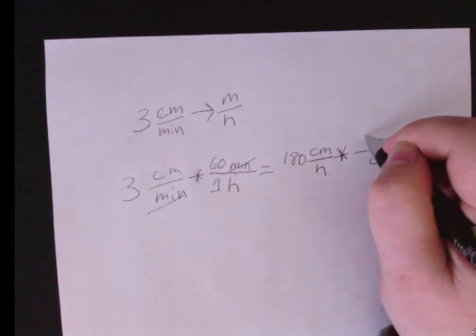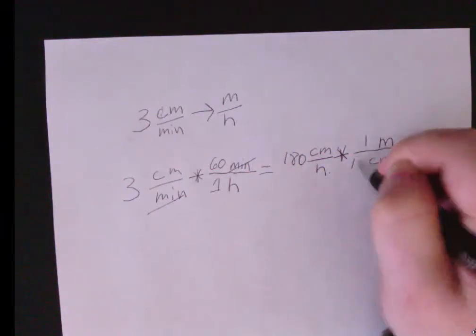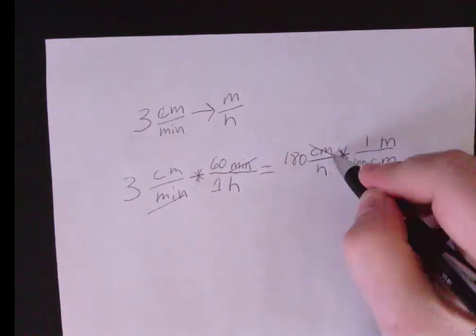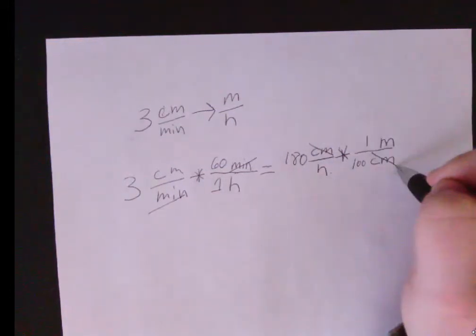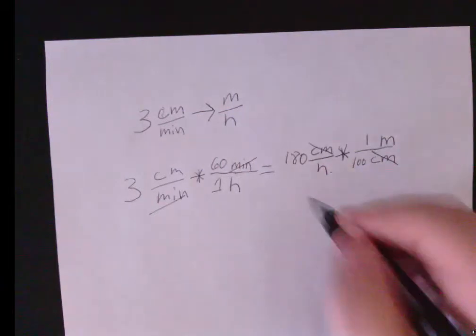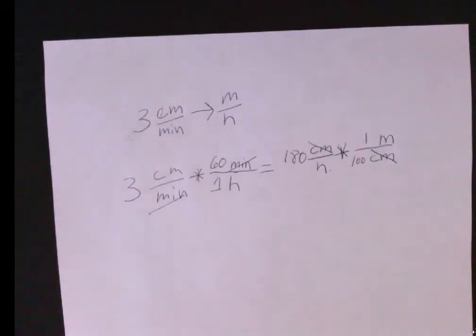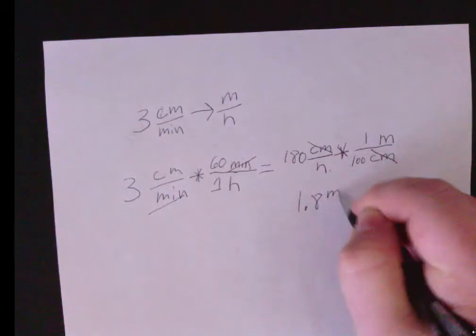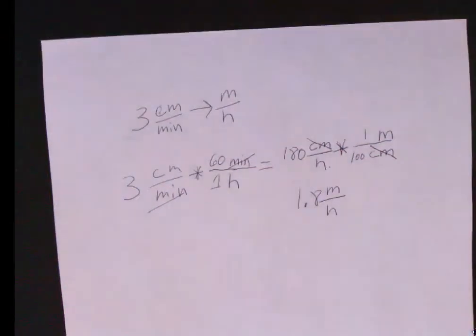And then for every meter, there are 100 centimeters. So now when you do the multiplication, this is going to cross off with this. So then we're going to have 180 divided by 100. So you're going to get 1.8 meters per hour.